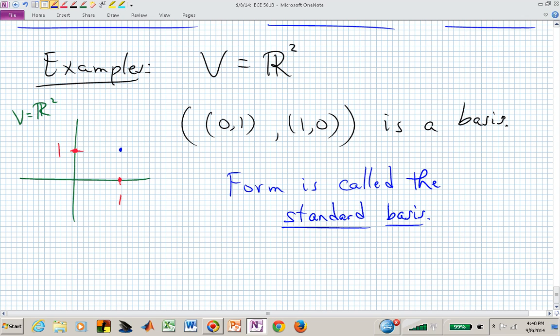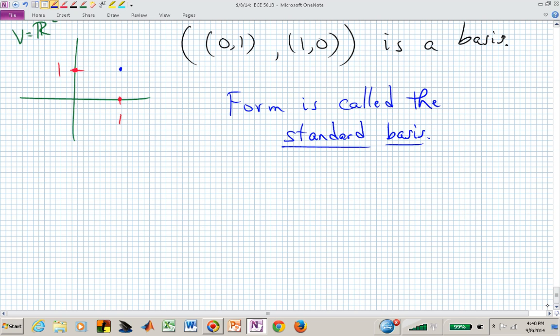Now, how would we describe that blue dot in terms of this basis? I wish I hadn't done it this way, but I'll keep going with that. So now I want to know, if I wanted to label this as A1 times, and now I'm going to convert them from rows to columns, 0, 1 plus A sub 2, 1, 0.